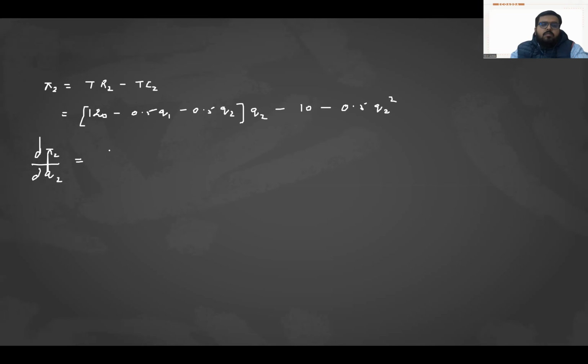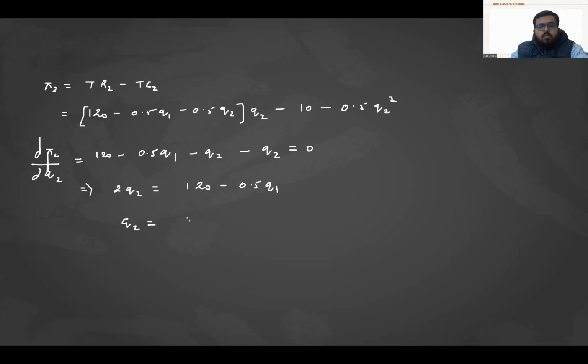And that equals 120 - 0.5Q1 - Q2 - Q2 = 0. If you solve this for Q2, what will you get? 2Q2 = 120 - 0.5Q1.